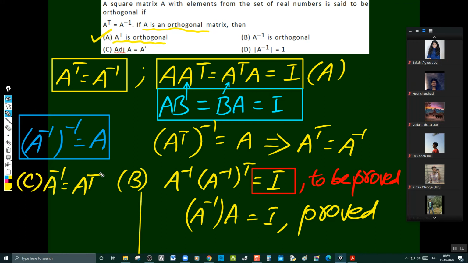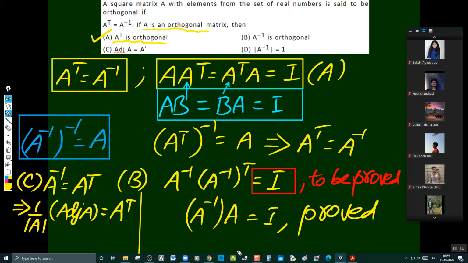A inverse formula, everyone knows that it is, we need adjoint A, no? 1 by det A into adjoint A is equal to A transpose. Okay? So 1 by det A into adjoint A is equal to A transpose.